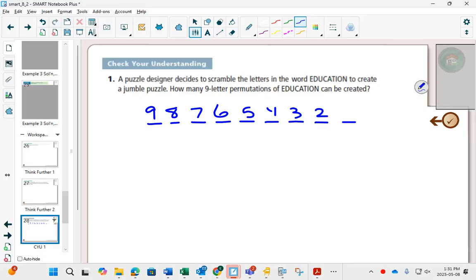If you've used up all the letters but 1, and you have to put that 1 letter in the last spot, how many choices do you have? 1. Not that complicated. And this is the same as 9 factorial, which we could type into our calculator and solve.